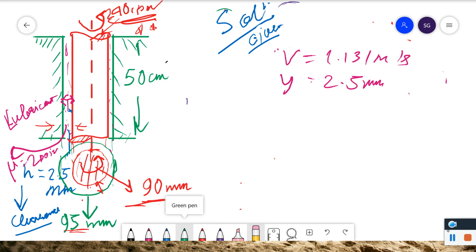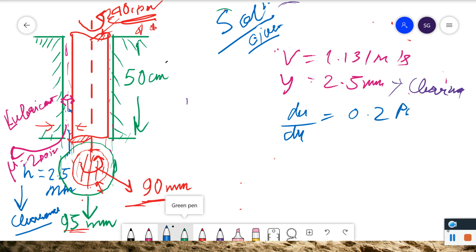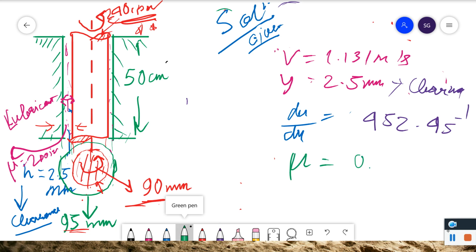This is just the clearance we have calculated, and this du by dy we have calculated as 452.4 second inverse, and this poise, this is mu, is our 0.2 Pa dot s.